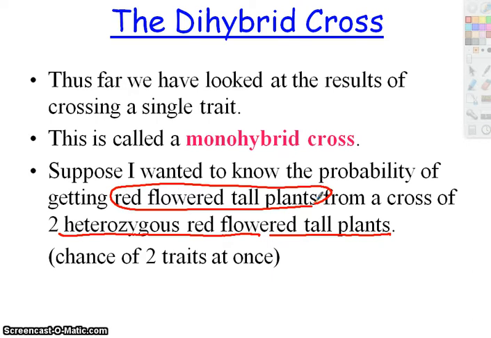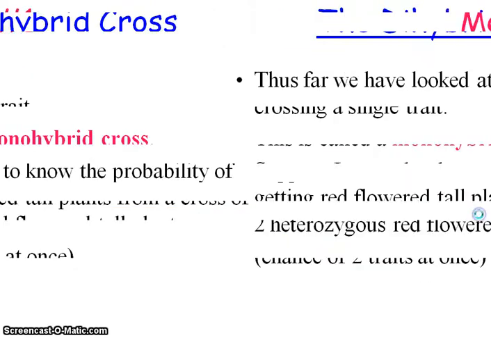So they're basically asking you, what are the chances of both of these outcomes, having red flowers and being tall, happening in an offspring? So we're looking at two traits at once. You could even look at 3 traits at once, 4 traits at once. It can get to where you're looking at lots and lots of traits at one time. But if you know the product rule, this is very, very easy to solve.